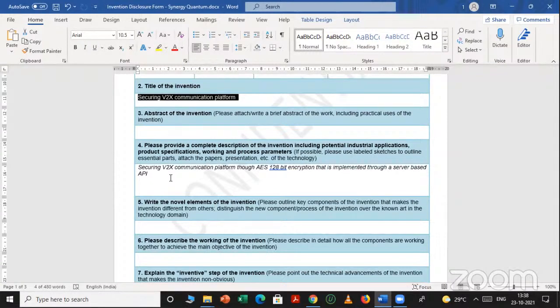So here, what can be the novelty? The novelty can be the algorithm which is implementing this AES 128-bit encryption, which is running on a particular server, which is running on a particular computing device. So the novelty lies in the algorithm or the pseudocode, or the novelty lies in that API, which is basically implementing that algorithm.